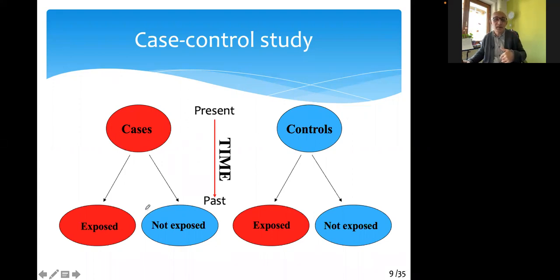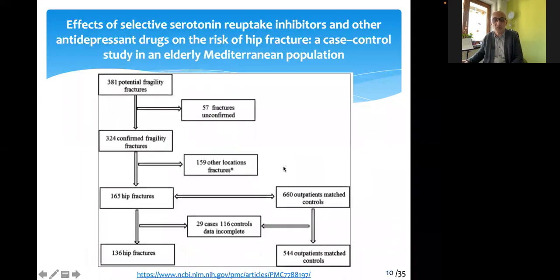You ask the participants whether they were exposed to the risk factor. For lung cancer, the famous risk factor is tobacco smoking. Among the lung cancer patients, some were exposed, some not. And also among the control people, some were smokers, some not. So you make a comparison between these two groups by calculating the odds ratio, which I will mention in a minute, and look at the risk difference. Is there a significant risk between the groups?